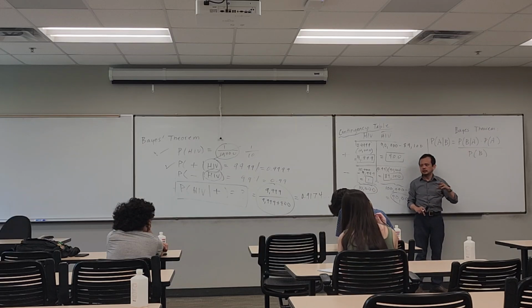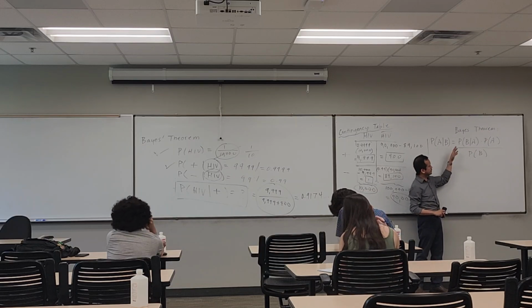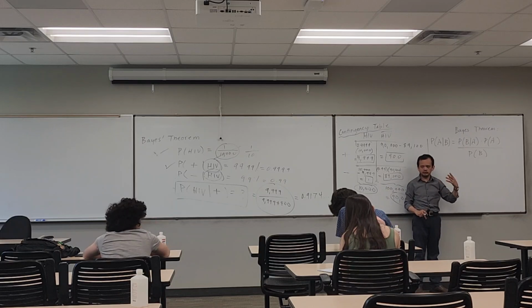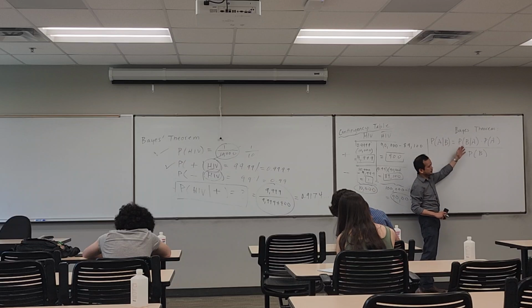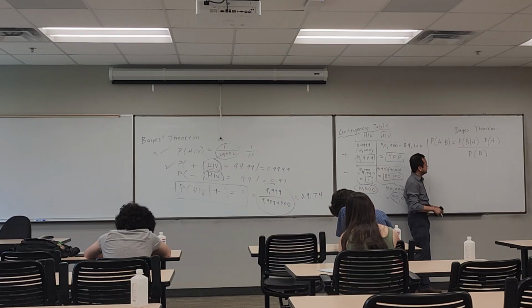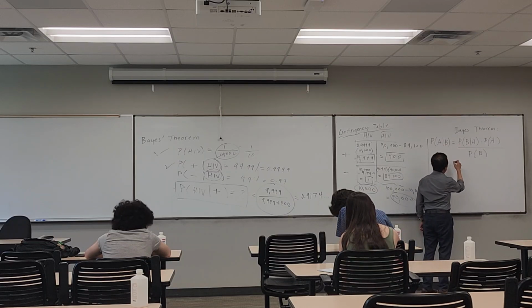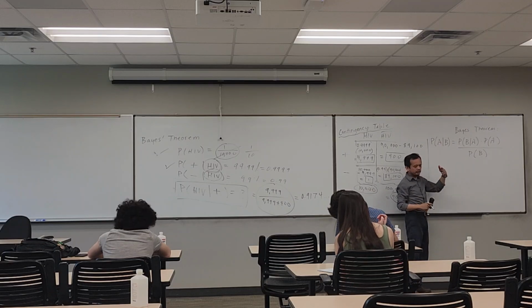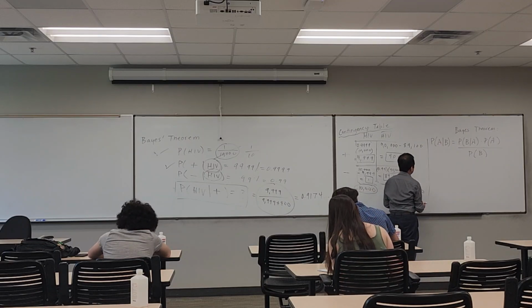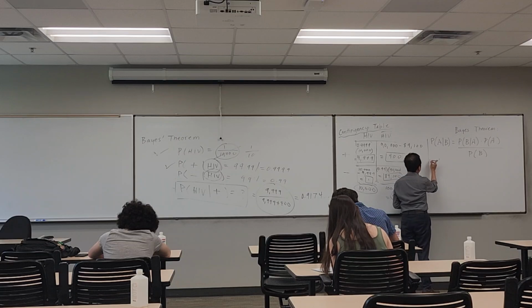Try it on your own, and if you're curious as to where this comes from, you can see me and we can derive it together. But for now, this Bayes' theorem just comes from the multiplication rule.